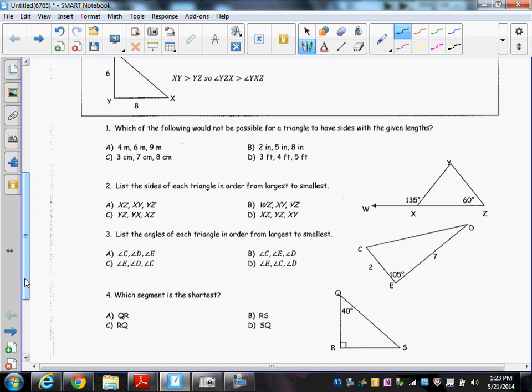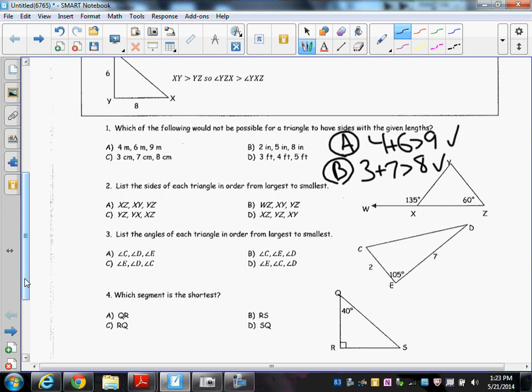So number one says, which of the following would not be possible for a triangle to have sides with the given lengths? So for letter A, we add up the two smallest, and we ask, is it bigger than 9? Yes. 4 plus 6 is 10. It's bigger than 9. It forms a triangle. Letter B, the same thing. We add up the two smallest sides, and it's greater than 8.